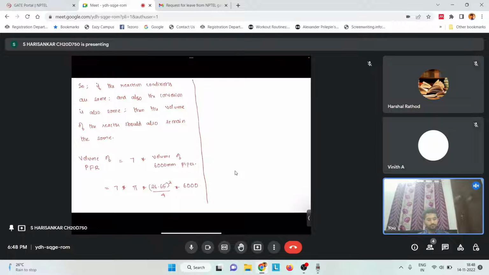If we do the math here, the volume of the PFR will come to 234,27,912.778 millimeter cube. So this will be the volume of the PFR in millimeter cube.